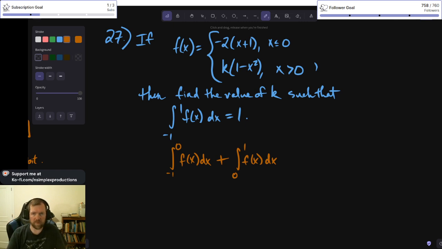We'll work with them separately. So here, this is the integral from -1 to 0 of -2 times the quantity x plus 1 dx plus the integral from 0 to 1 of k times 1 minus x squared dx. Right? And then this whole thing here should be equal to 1.